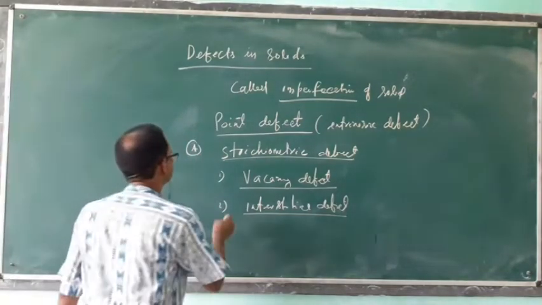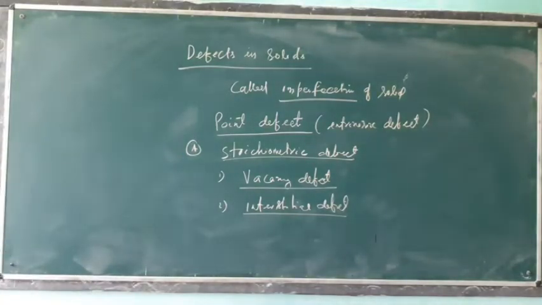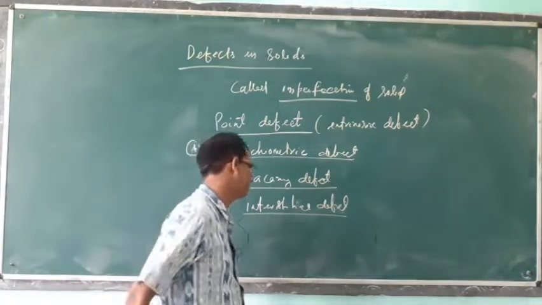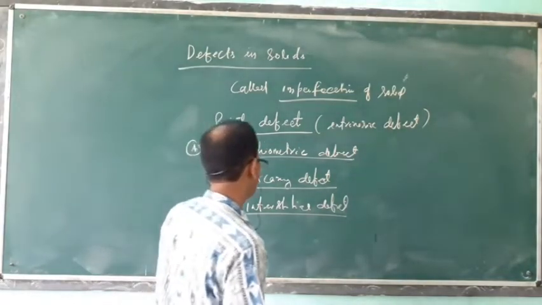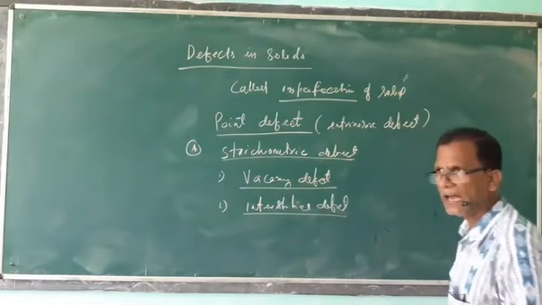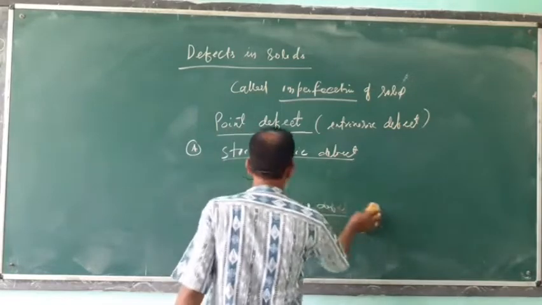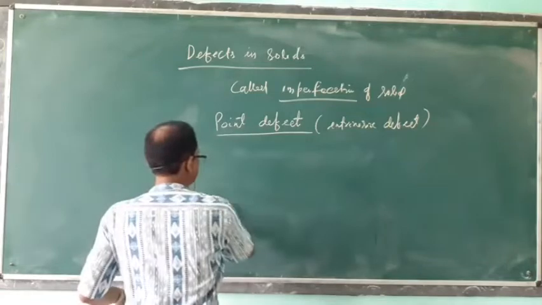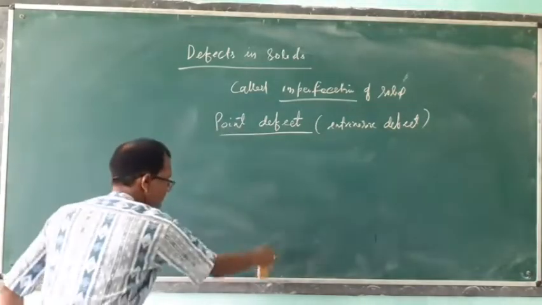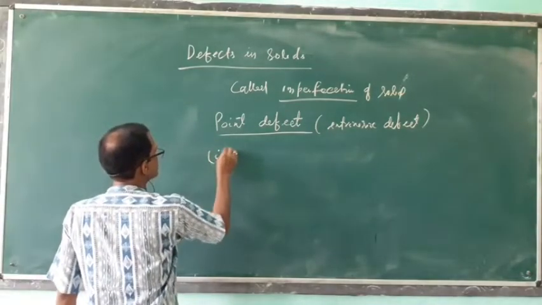Third one, this defect may be observed in case of ionic solids. These are of two types. One is Schottky defect.